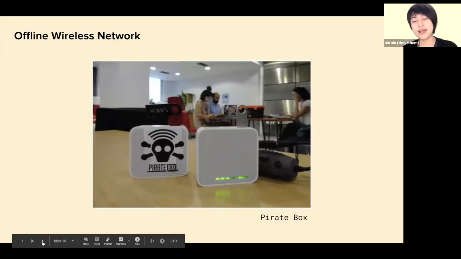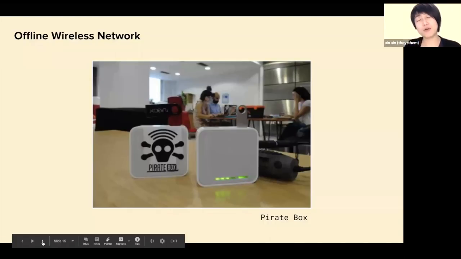This is an alternative form of networking. This project is called Pirate Box, and it's an offline wireless network. So even when you are working with wireless networks such as Wi-Fi, you don't necessarily have to be connecting to people outside of this geolocation.